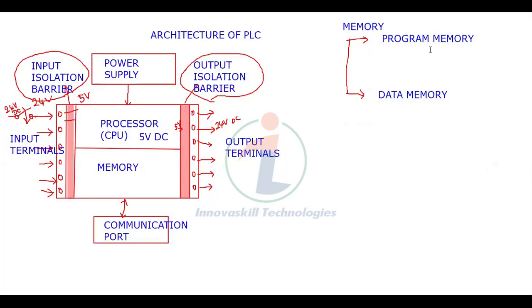One is program memory and another one is data memory. Generally, in program memory, what will happen? The program that we did in the PLC will be stored in program memory.